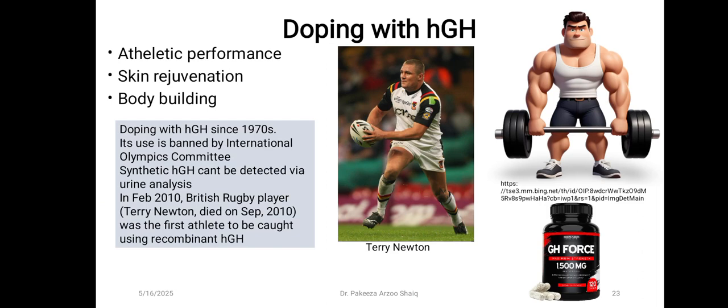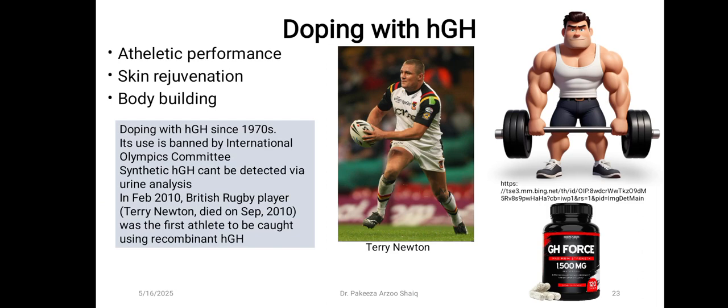And the interesting thing was that the synthetic human growth hormone cannot be detected via urine analysis. So those who were using the synthetic one remained undetected. They were never identified until the development of another test which can correctly and accurately identify recombinant or synthetic human growth hormones back in 2010.